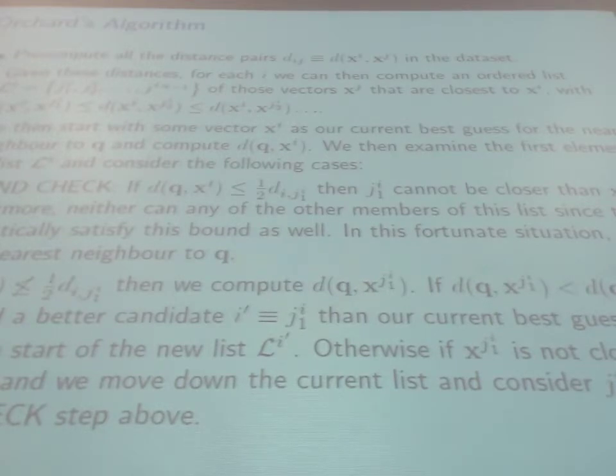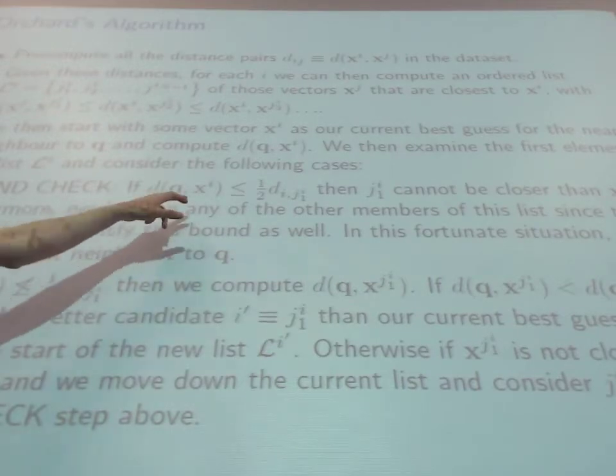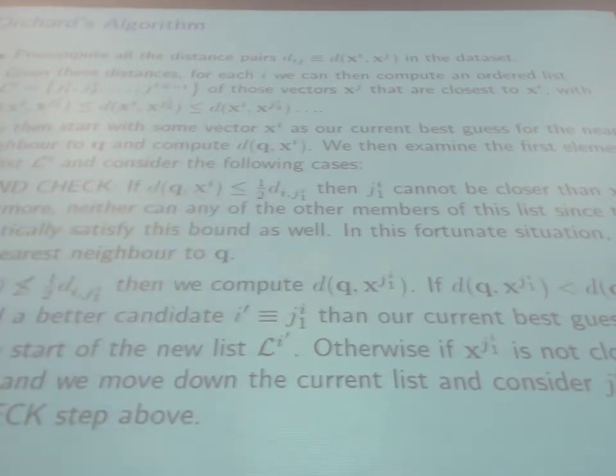If this distance is less than half of that distance, then we know that the vector corresponding to the first element of this list cannot be closer to q than xi itself. And because this list is sorted, none of the others in that list can be closer either. So you're done. You've already found the nearest neighbor.